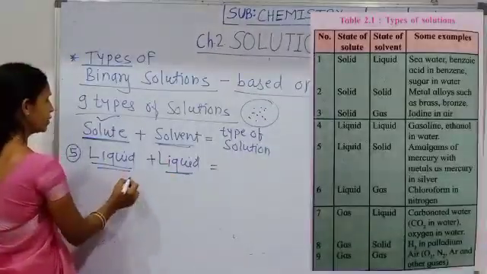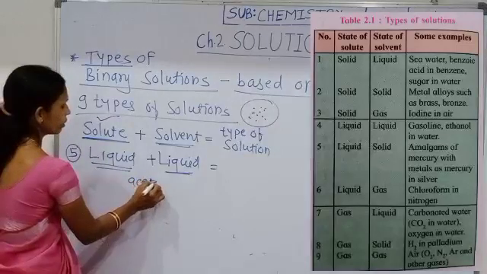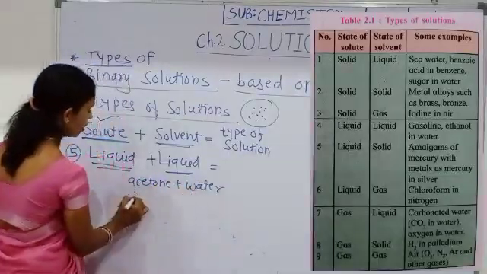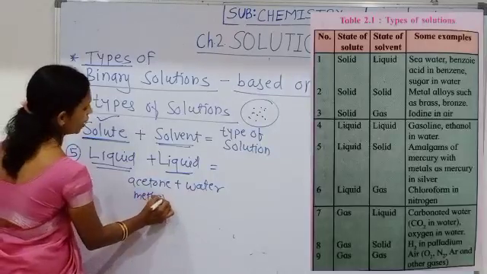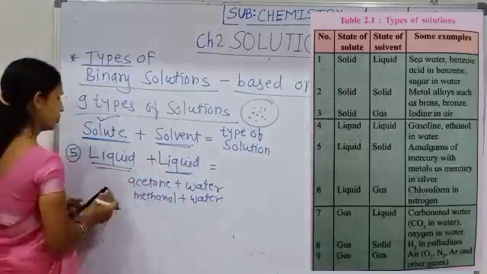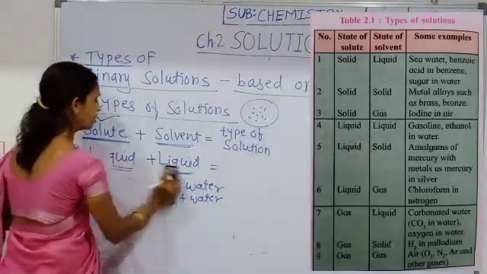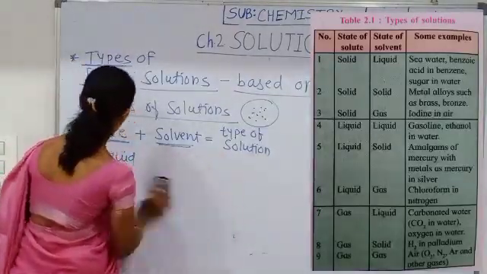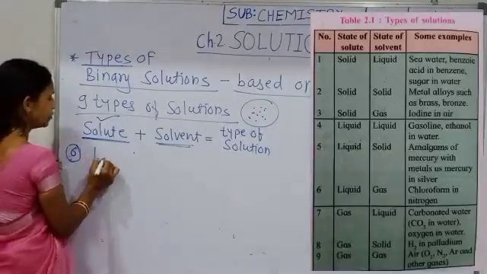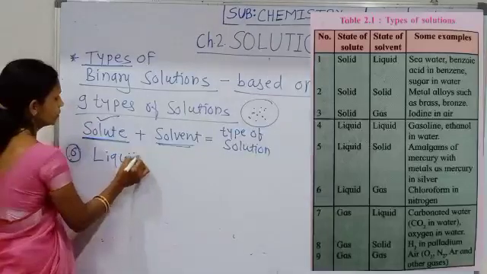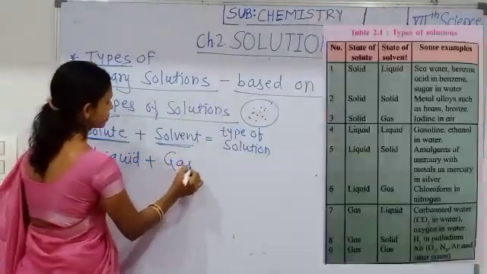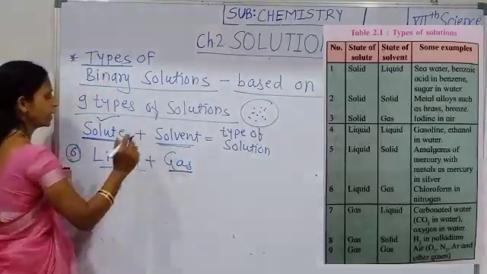A few more examples of liquid in liquid, that is acetone added into water, or methanol also added in water. Those are a few examples of liquid in liquid type of solution. Then the sixth type, that is where liquid is present in solute form, whereas gas is present in excess amount.